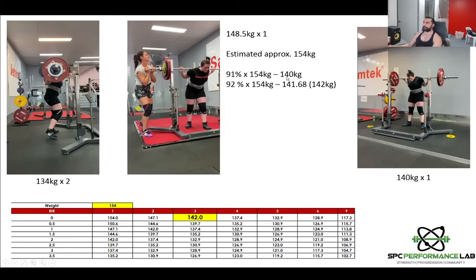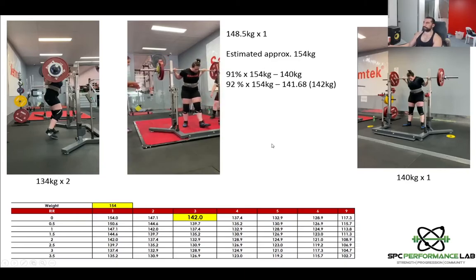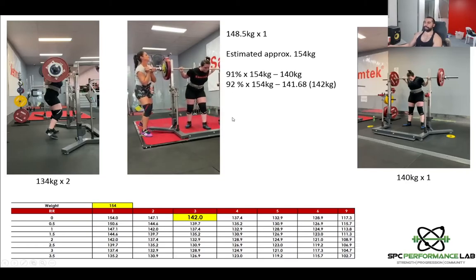So from that number, now I'm going to use that to guide my decision. So let me look back at this. So 140 kilo, I think that makes sense, and that's actually the number I used for her opener.